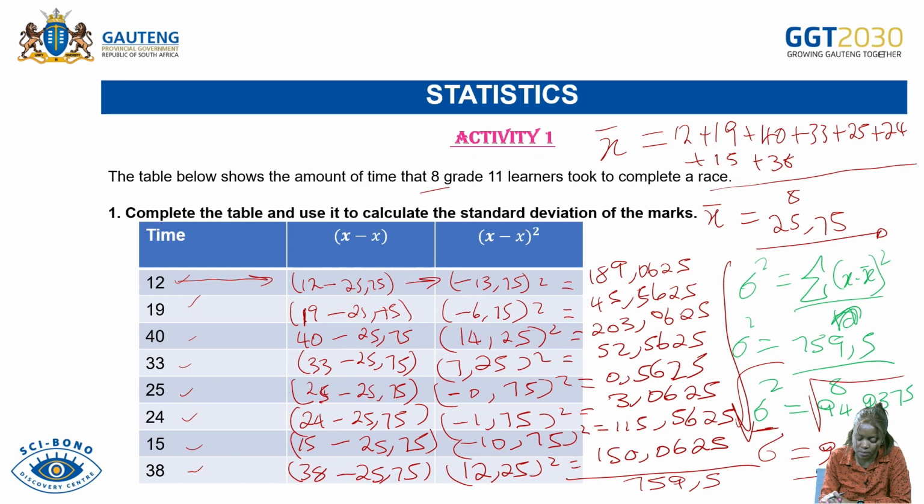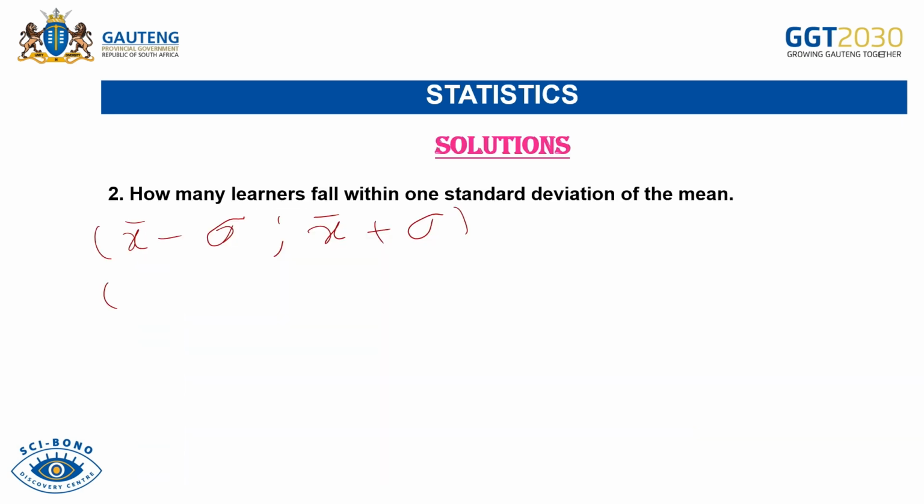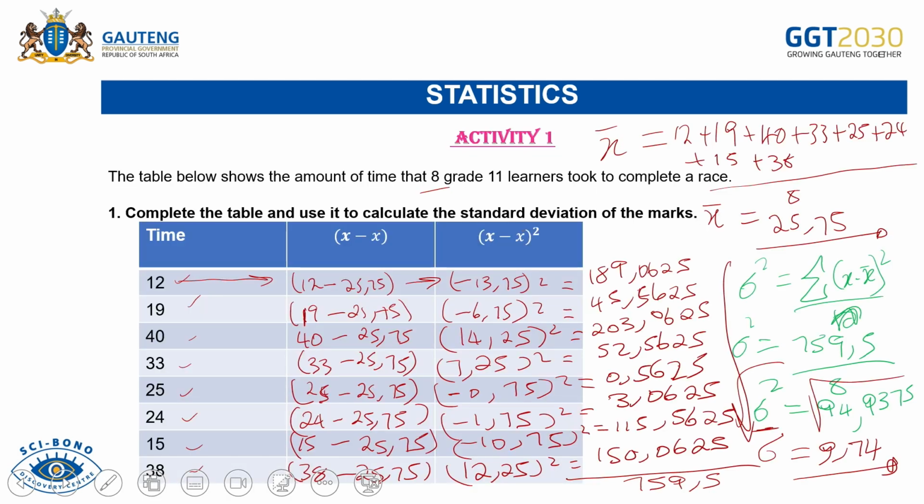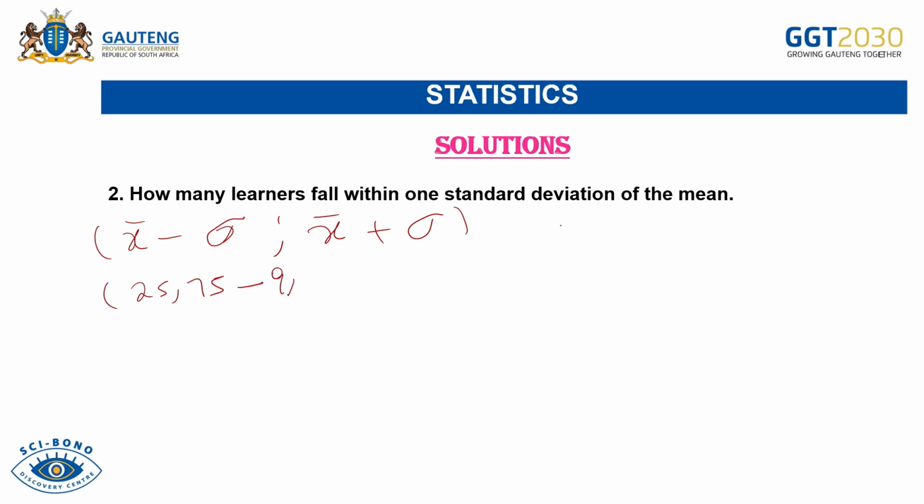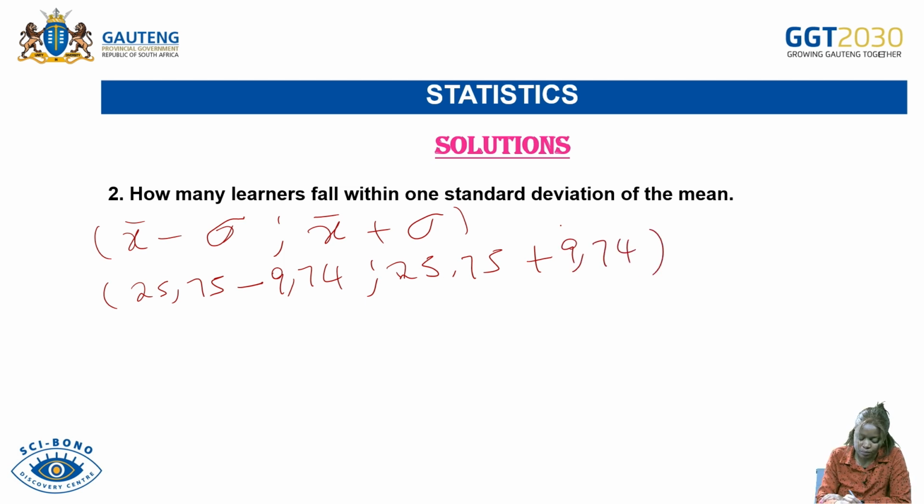Your mean, x bar, is 25.75. 25.75 minus 9.74 gives you 16.01, and 25.75 plus 9.74 gives you 35.49.